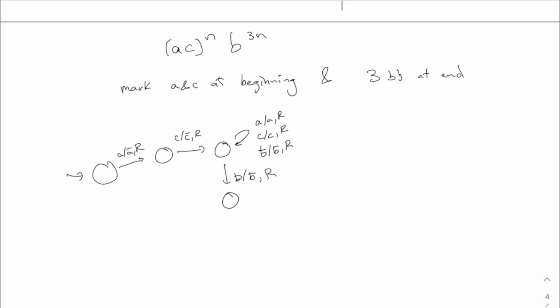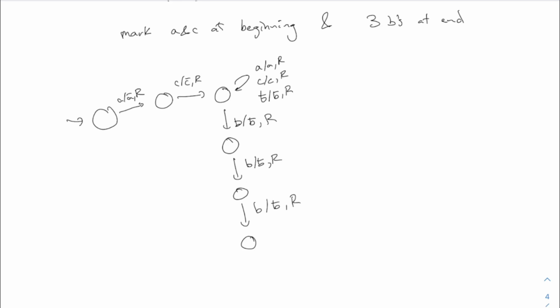So you have to keep on moving to the right to find the next one, and the next one, and the next one. B, B bar, R, and a third. B bar R each time. All right. And then from here, we are going to move back to the left. Actually, that's the main change.